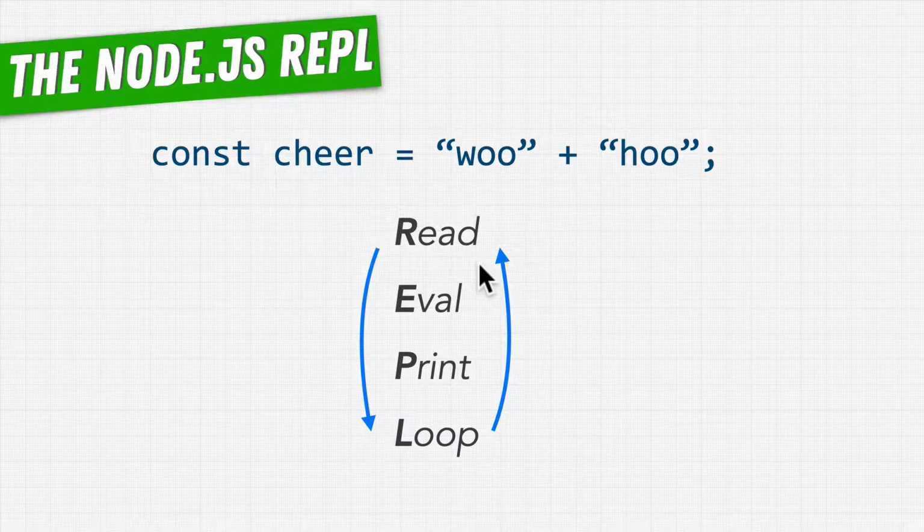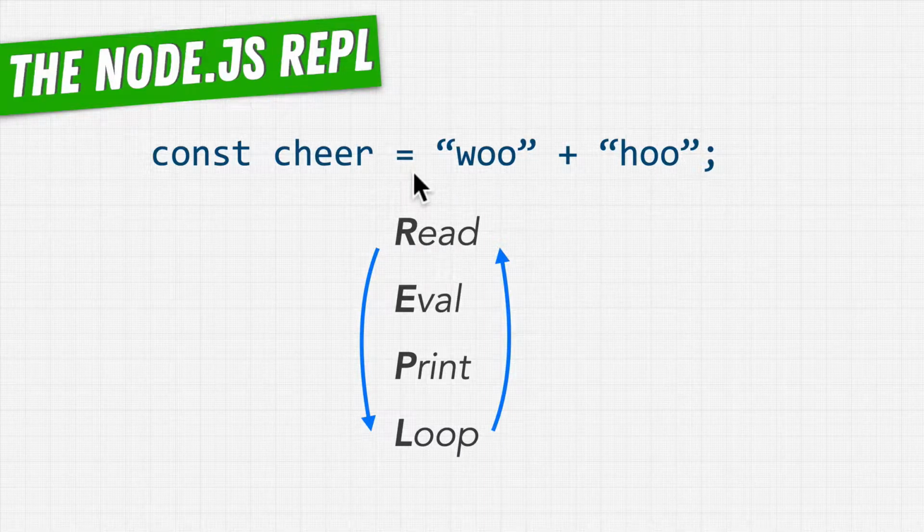So what exactly does the read step here do? It includes reading in our code that we type with the keyboard, but also parsing that code. Parsing means that the V8 JavaScript engine will break down our line of code and understand the role of all the different parts of it. So for example, it will understand that we have woo here as a string and who as another string. We have this plus sign where they're being concatenated.